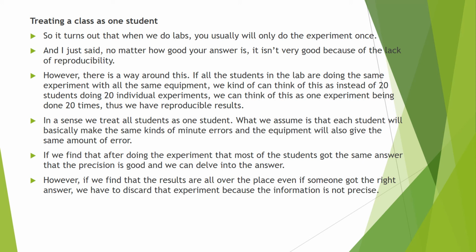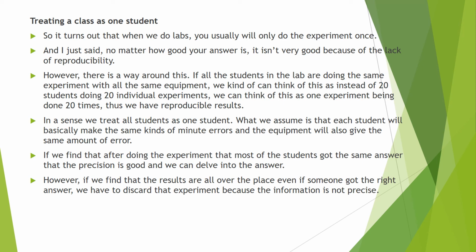So it turns out when we do labs, you only do the experiment once, and that's really not a good way of reproducibility. However, there's another way around it. If all the students in the lab are doing the same experiment with the same equipment, we can think of this as, instead of having 20 students do 20 individual experiments, one experiment being done 20 times.